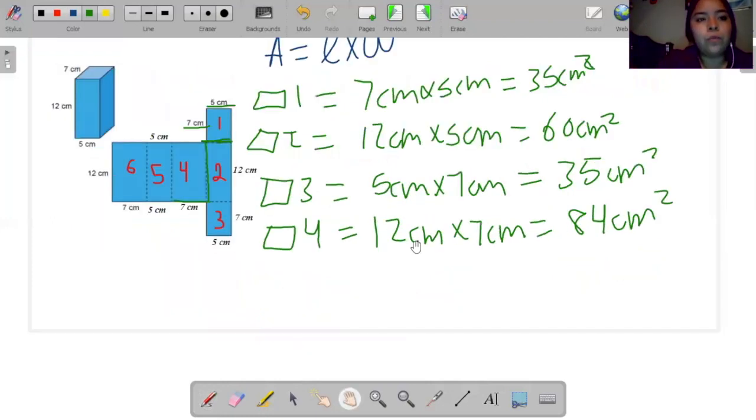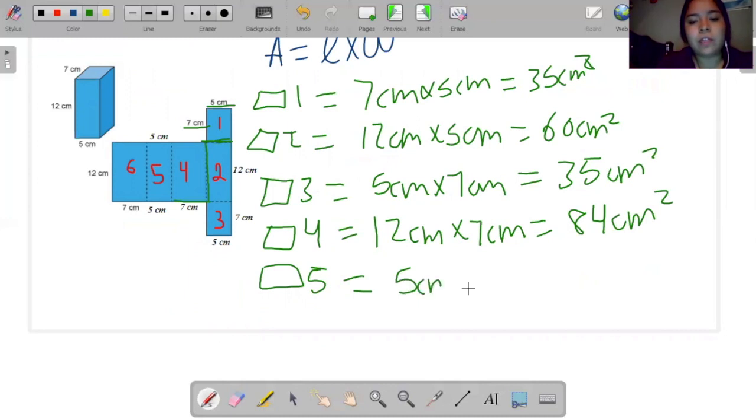Okay, let's do rectangle 5. That's 5 centimeters times 12 centimeters, which is 60 square centimeters.